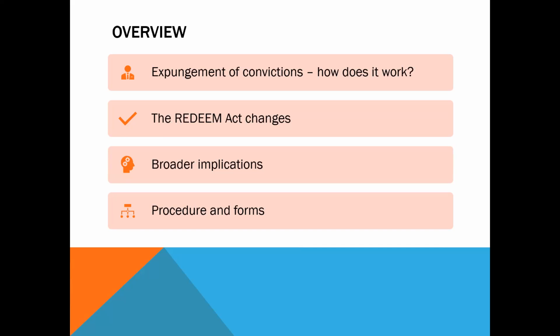And then we're going to go into the broader implications of what we think the expungement landscape is going to look like in Maryland, focusing on how this is going to affect people seeking expungement, and then give a little information about some of the changes to the expungement forms and how you can go about assisting clients with the expungement procedure.